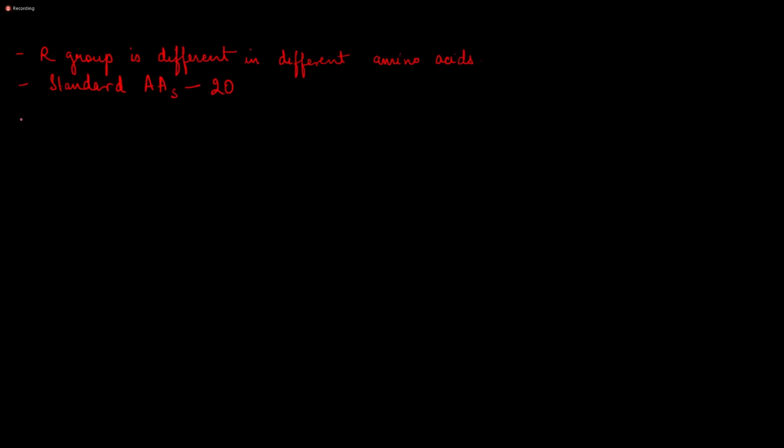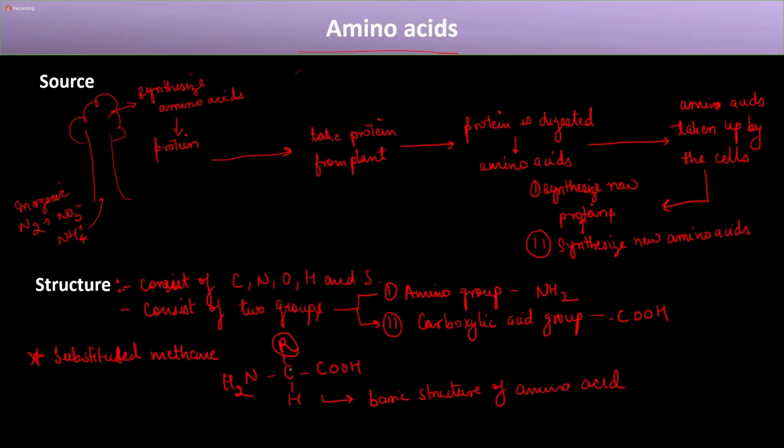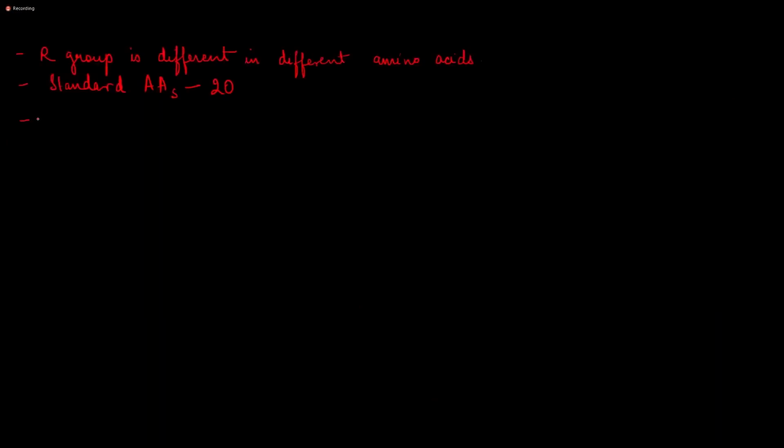Now, when you see the structure of the amino acid here, you see that 4 different types of groups are attached to the carbon, right? So this makes the structure of amino acid asymmetric. It is asymmetric or chiral.